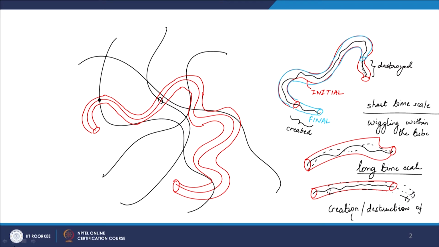of either parts of the tube or the full tube, depending on the time scale we are looking at. If I look at very long time differences, we will see a very different tube from what was present initially. If we look at somewhat intermediate times, we will see that some part of the tube has been created and some part has been destroyed as we move from here to there.